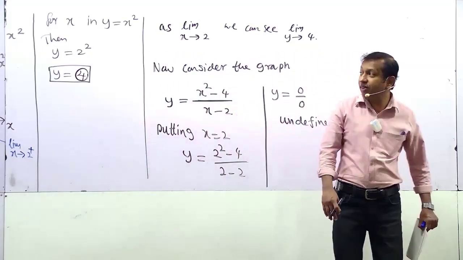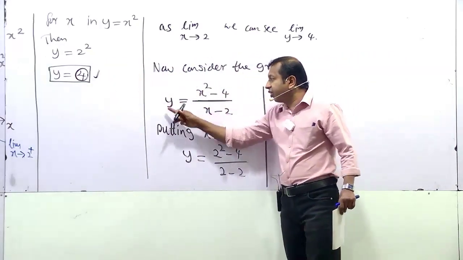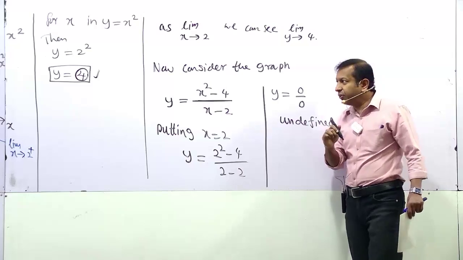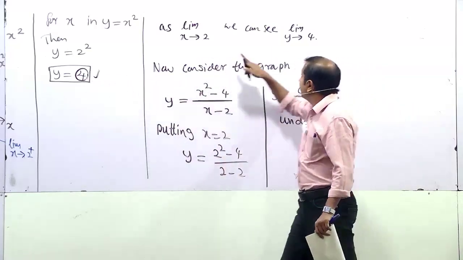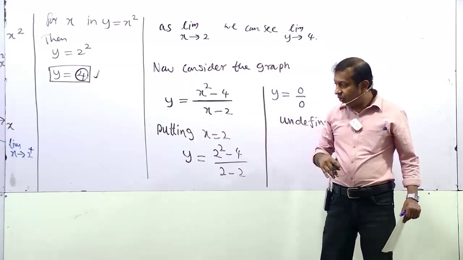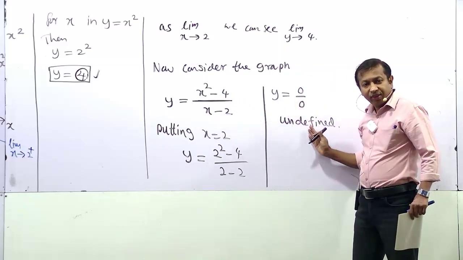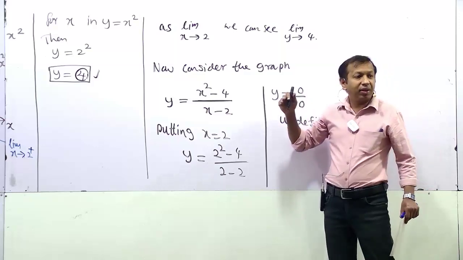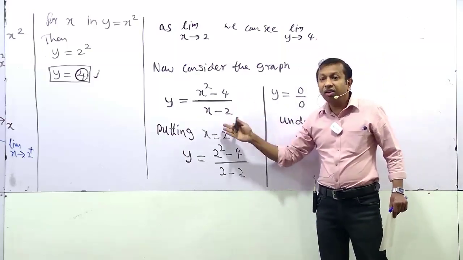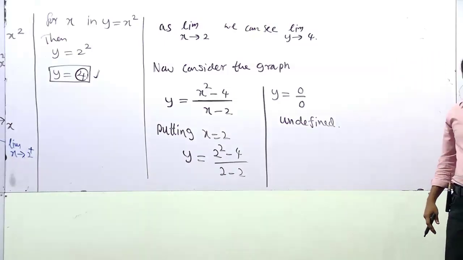To find that value, direct substitution gives an undefined form, but we can get the same value by using the limit technique. Therefore, though direct substitution gives this undefined form, the same answer we can get by using the limit. Now we try the limiting technique to get this height. That's the use of limits in our mathematics.